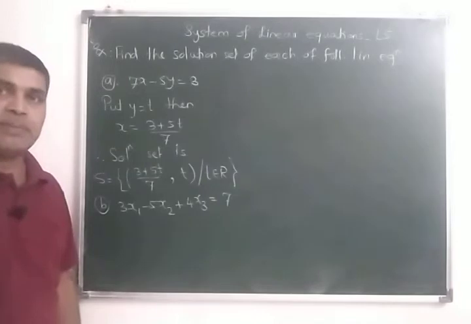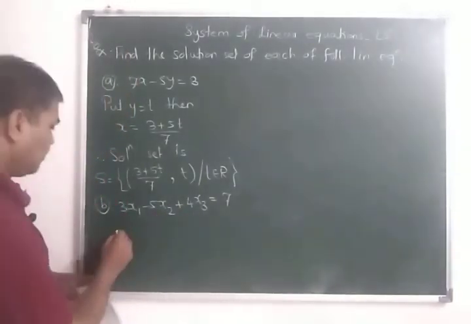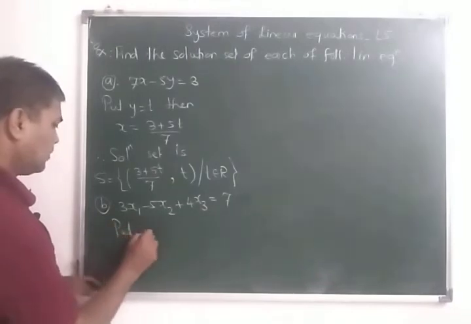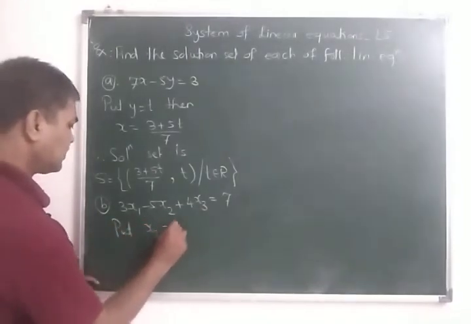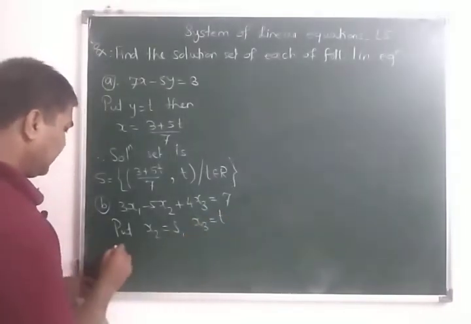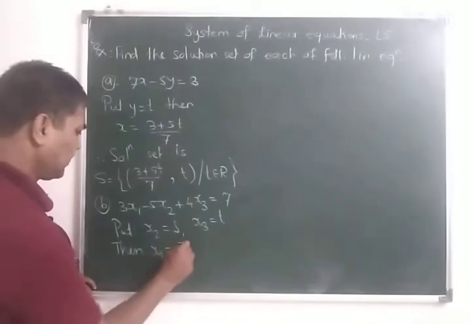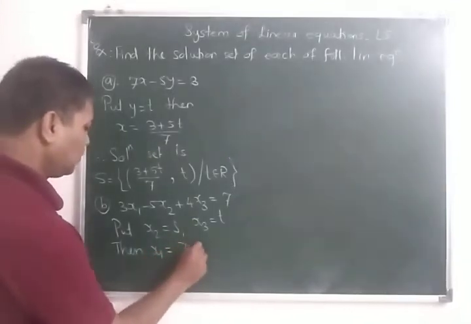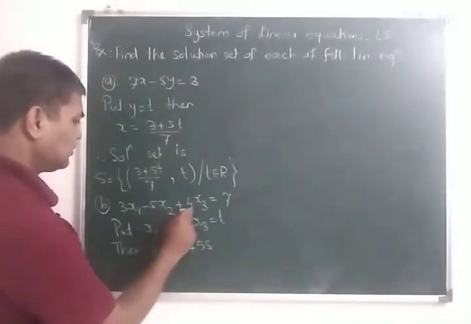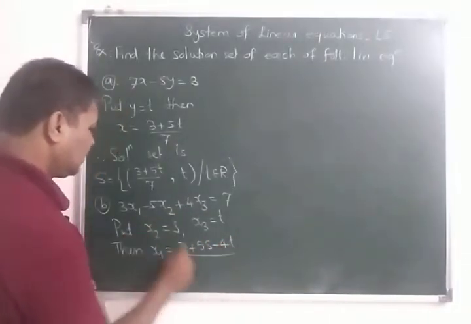We have to assign some parametric values for the free variables x2 and x3. Put x2 is equal to s, x3 is equal to t. Then what is your x1? x1 will become (7 plus 5s minus 4t) upon 3.